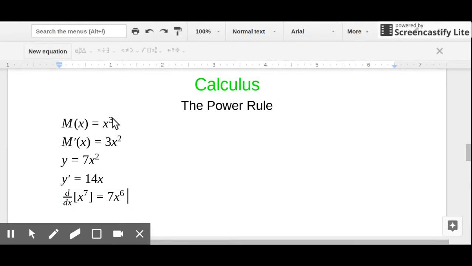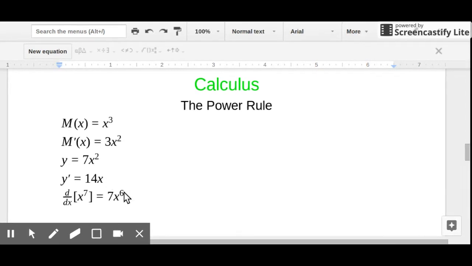What we're doing here is we're taking whatever the power is up here and bringing it out front. It becomes the coefficient of x, and we're subtracting 1 from this power, so that gives us a 2. Pretty simple, right? So take the 2, bring it out front. 2 times 7 is 14, so now the coefficient of x becomes 14, and of course we subtract 1 from that 2.